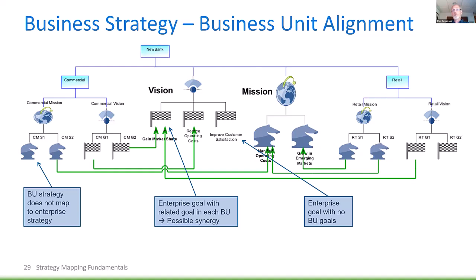But we might be concerned if all of a business unit's objectives and strategies had nothing to do with the corporate, or if they had no local strategy. So again, what the right response is really depends on the circumstances. But if we don't know that there's a relationship or a gap, how can we have that conversation?